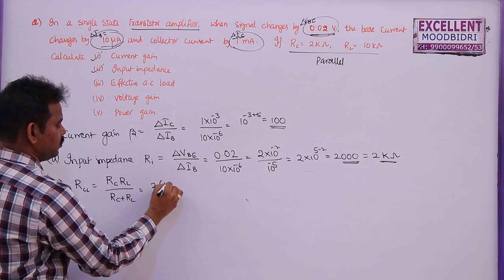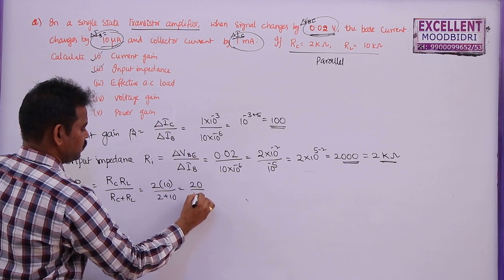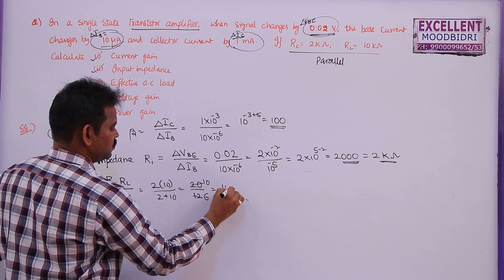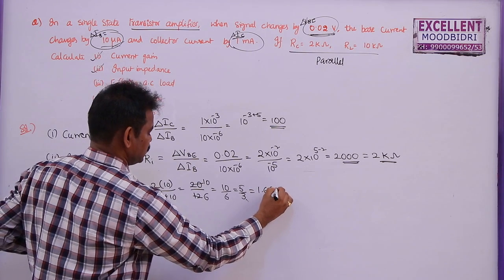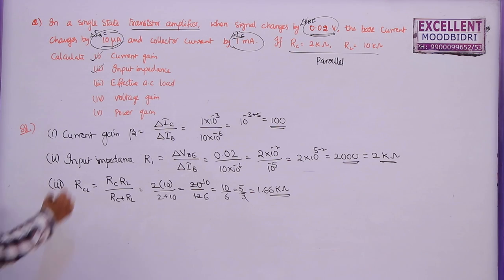This is 2 into 10 by 2 plus 10, 20 by 12. So this is 10 by 6 or 5 by 3 or 1.66. This is in kilo ohms. This is the effective load here.